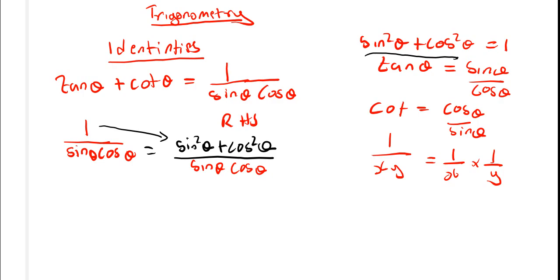Like in the case where we have got sine squared of theta plus cos squared of theta, I can just say this is sine squared of theta over everything, which is the entire denominator. Let me maintain it in red. I've maintained the denominator, but I've split the numerator.